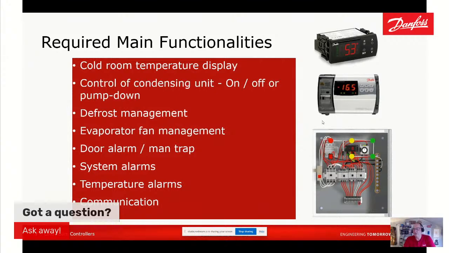We want to control the condensing unit. Do we do pump down? Do we do on off? We've got defrost management, evaporator fan management, things like door alarm, man trap alarm, system alarms, temperature alarms, communication. So there's a lot of things that we can have, but what do we really need, and what does the end user really need?